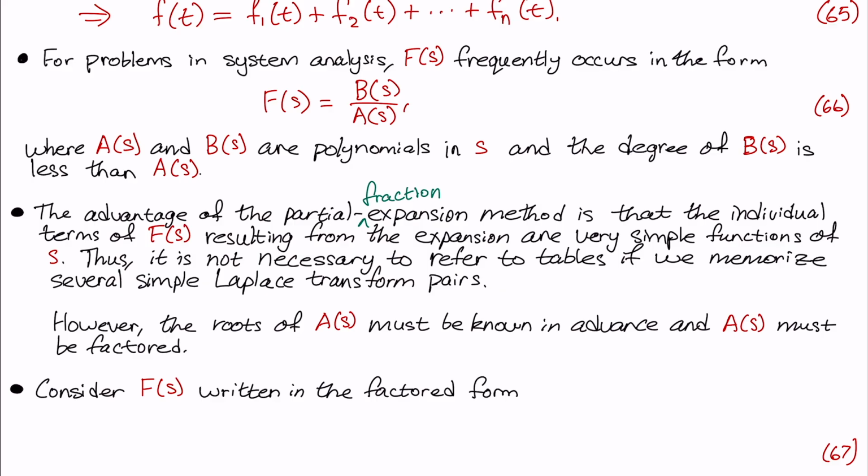We'll end up seeing the same inverse Laplace transforms many, many times over. And then as a result of that, we won't need to refer to tables. You won't need to memorize long tables. You'll just need to memorize a few Laplace transform pairs, particularly exponential terms, and then sines and cosines are the most common ones we'll see.